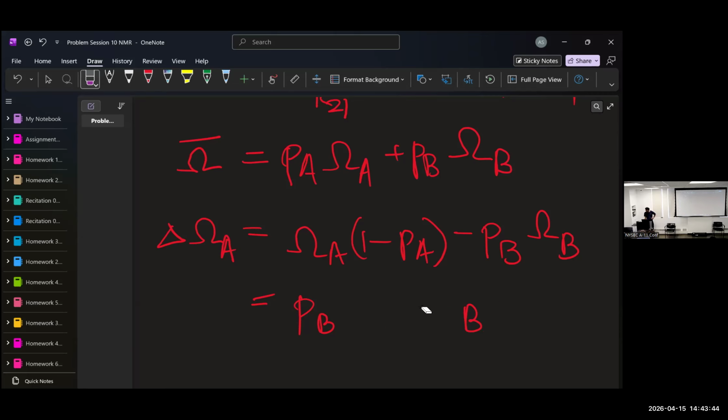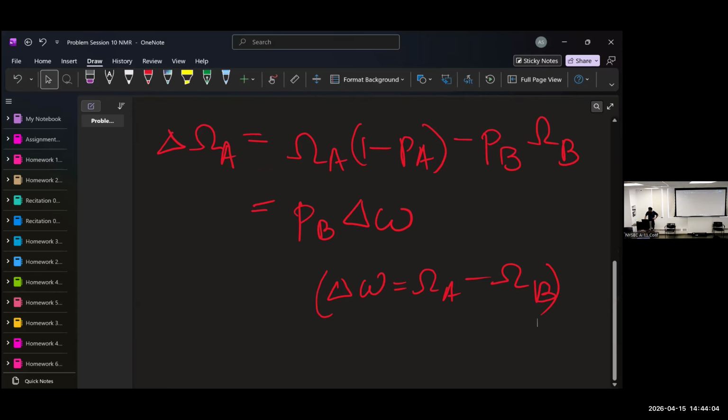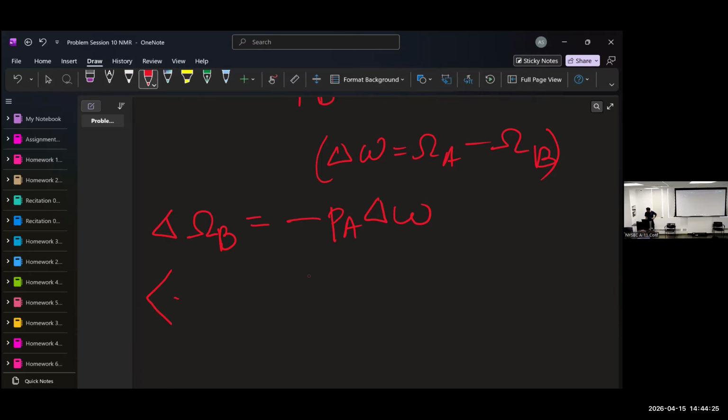I'm going to generally define this as small delta: delta omega is omega A minus omega B. I don't know if the problem defines it the other way. Okay, it does not say. So in that case, what do you get for delta omega B? Simple enough. In which case, what is the variance?